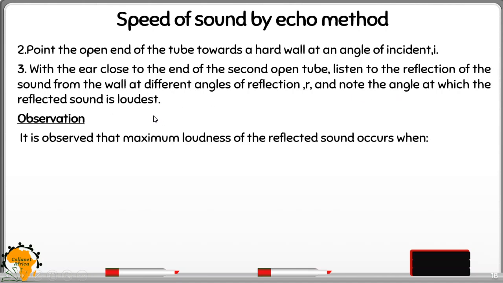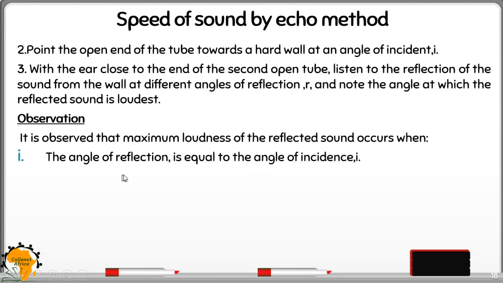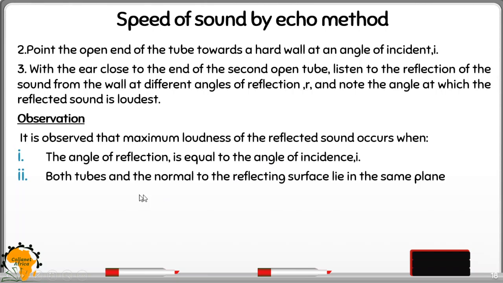Our observation. It is observed that maximum loudness of the reflected sound occurs when, 1. The angle of reflection equals the angle of incidence. 2. Both tubes and the normal to the reflecting surface lie in the same plane.